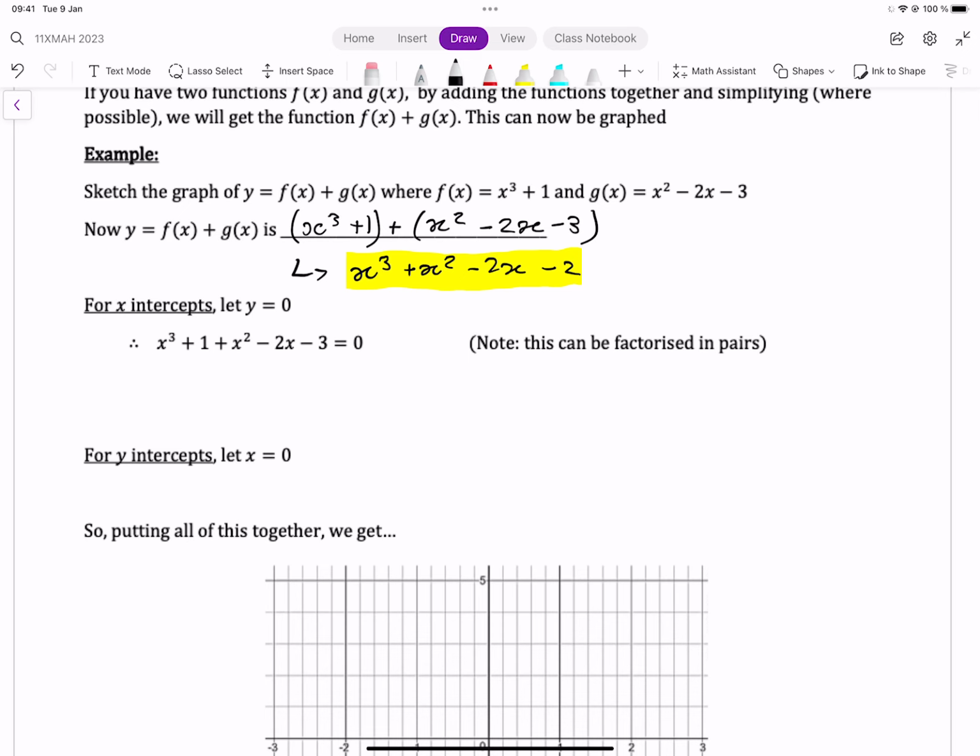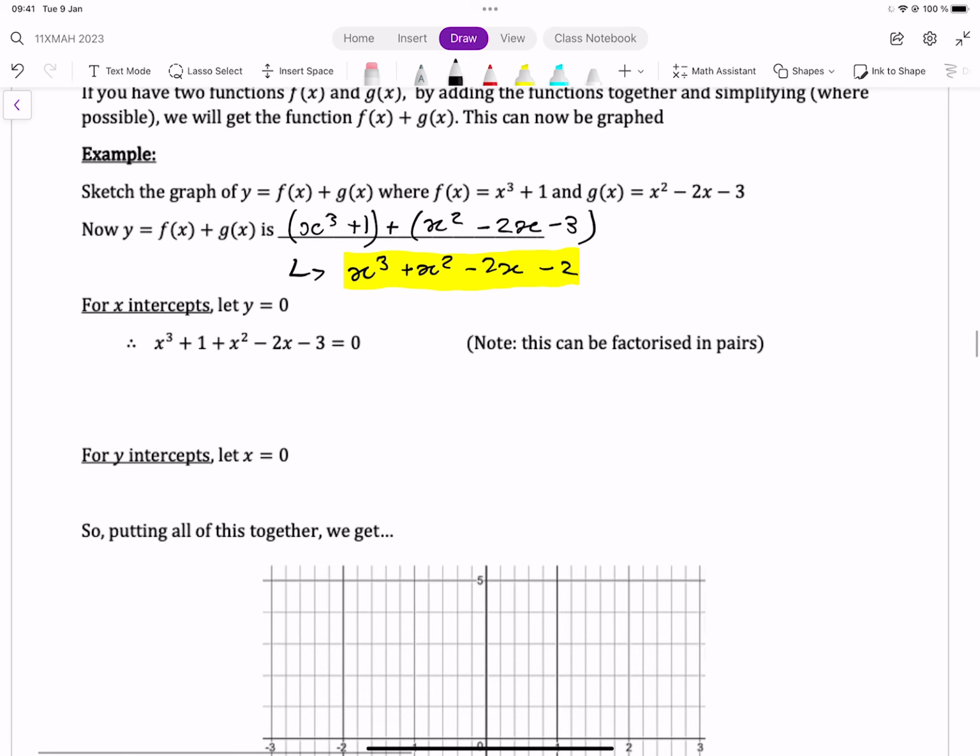Let's take out a factor of x from these. So I'm going to have x and then x squared minus 2. And then over here, 1 minus 3 plus 1 is minus 2.